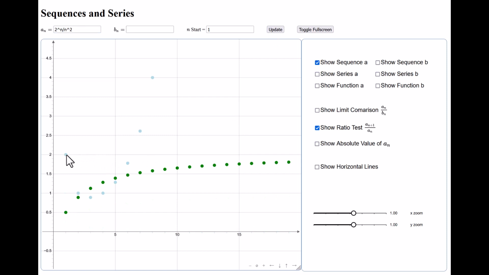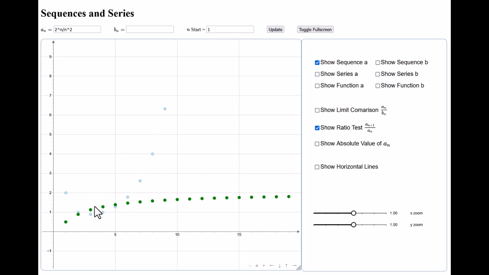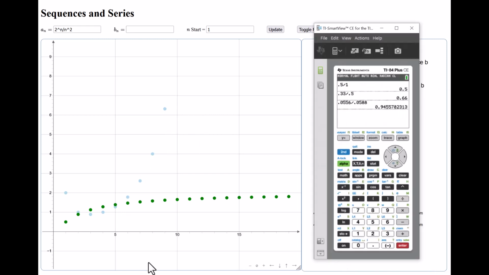All right, so we can see the terms of the sequence here. They are clearly diverging. If I zoom back out a bit, you can see that these things are running off to infinity very quickly. Importantly, let me grab the calculator here to show you the ratio of subsequent terms.